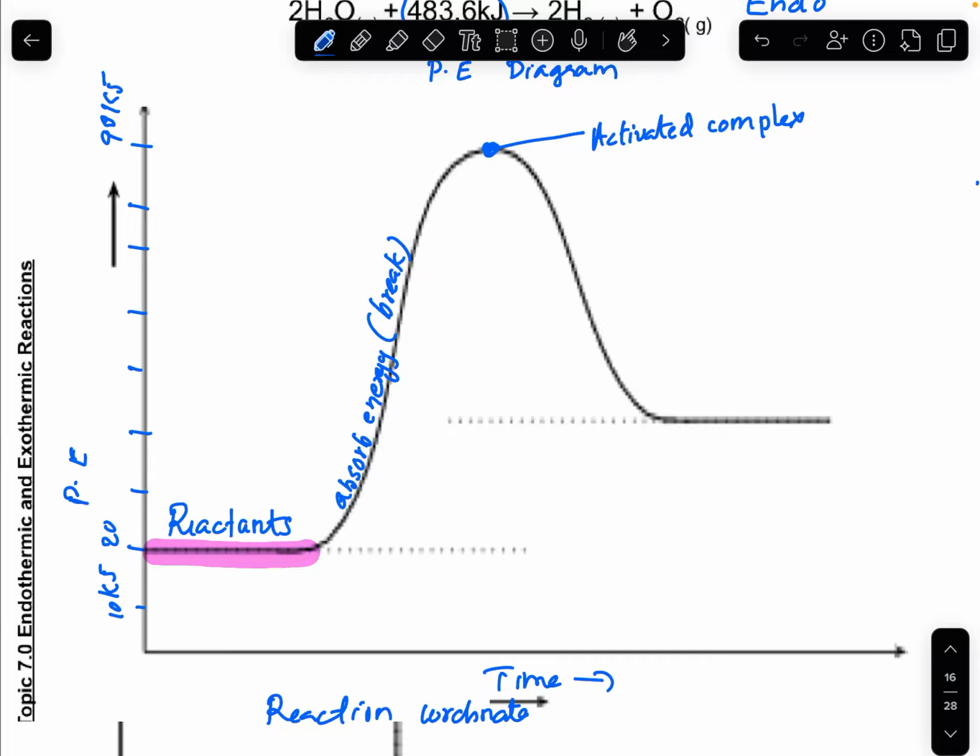Then formation of bonds will happen by releasing energy.